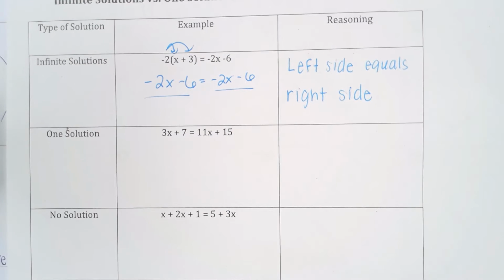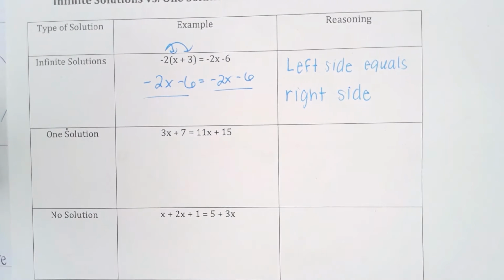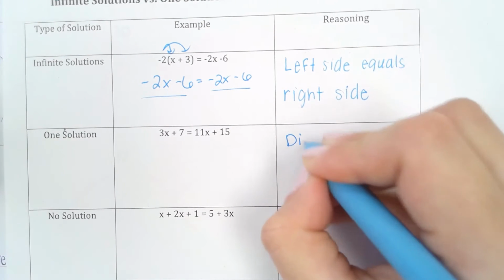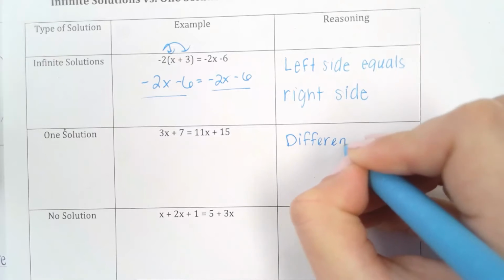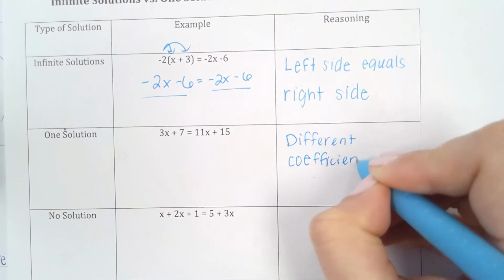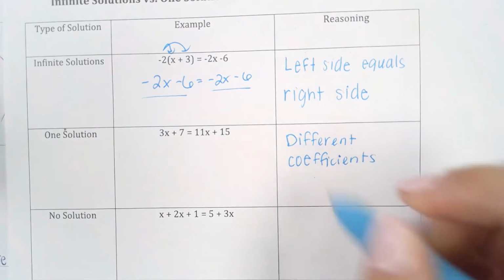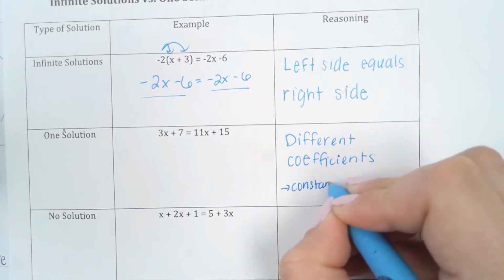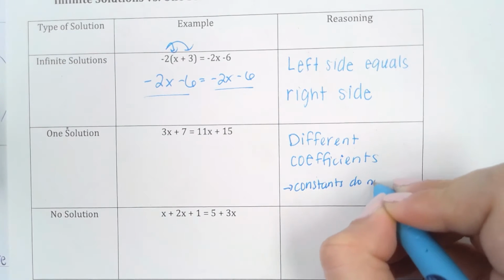Okay? When you have one solution, this just means that you have different coefficients, and your constants do not matter. So different coefficients, constants do not matter.